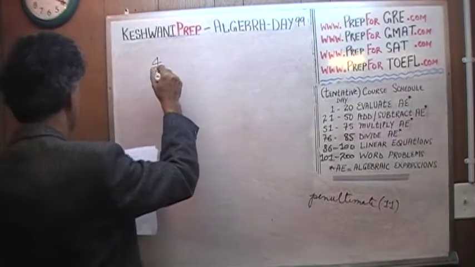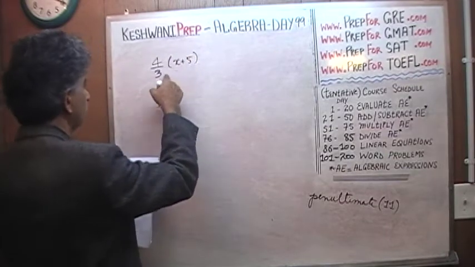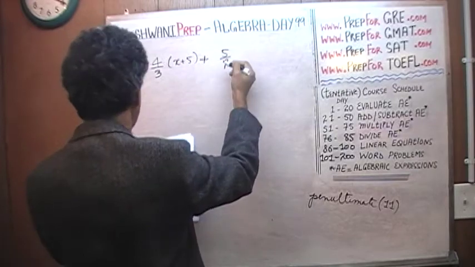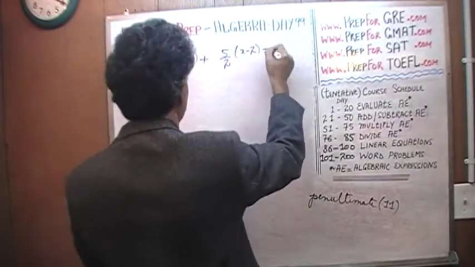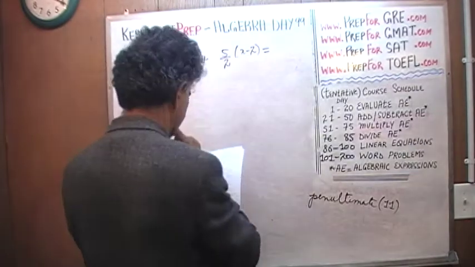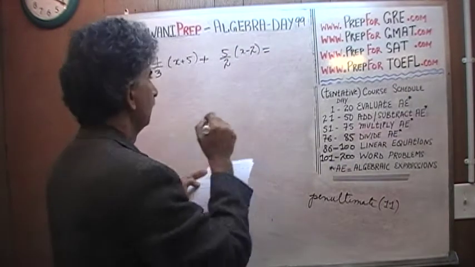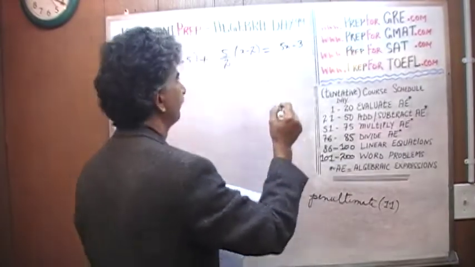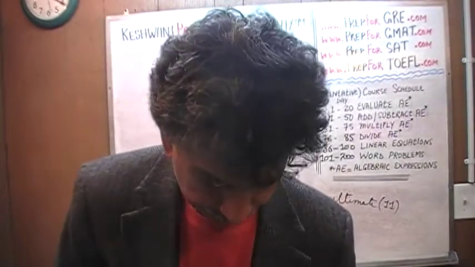4/3 x plus 5 plus 5/2 x minus 2. We are told that that is equal to 5x minus 3. Again, I'm going to read it one more time to you.